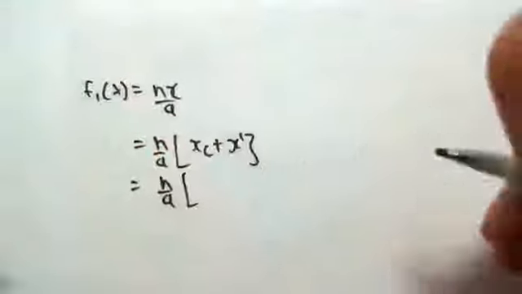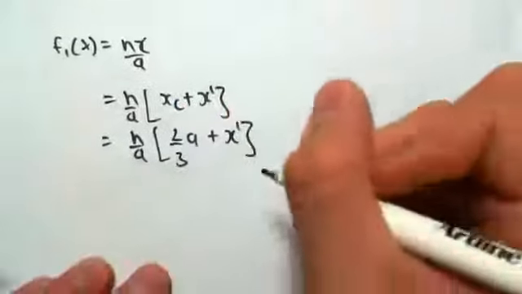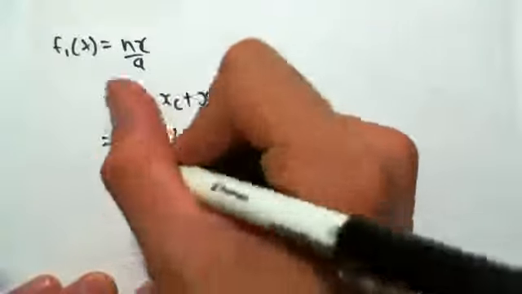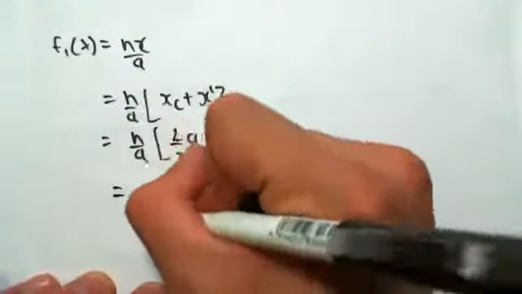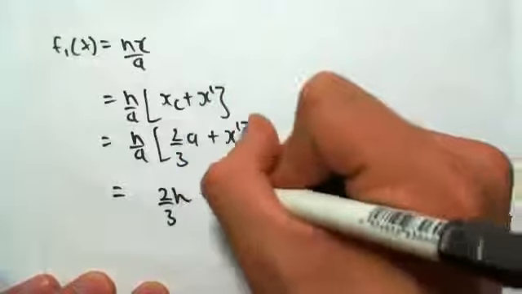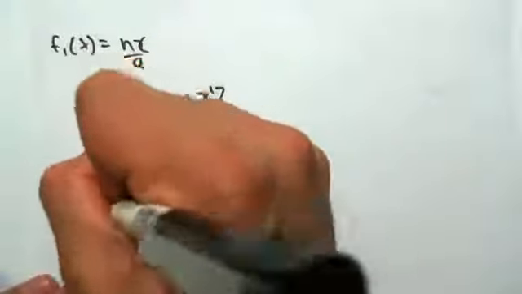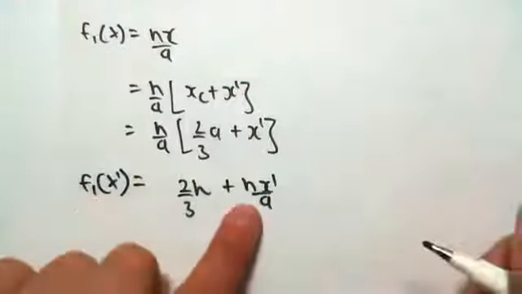We know xc is 2 on 3A plus x dash. And if we simplified this, just expanding it out, we would have 2 on 3h plus hx dash on A. So we have now a function 1 in terms of x dash, because we have x dash here.